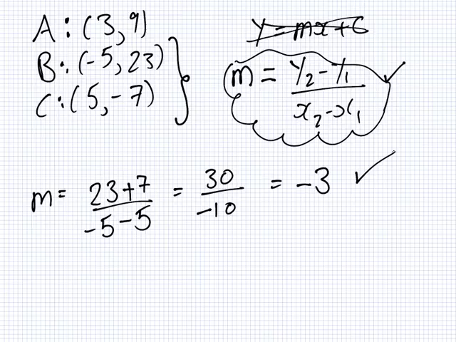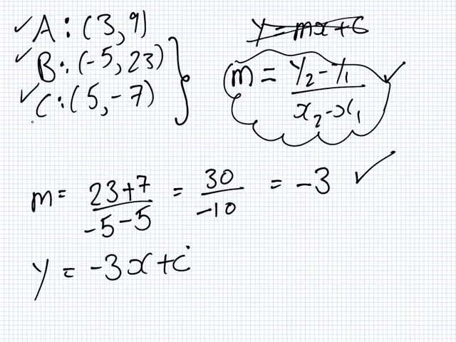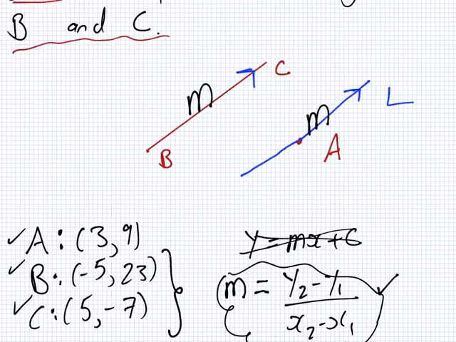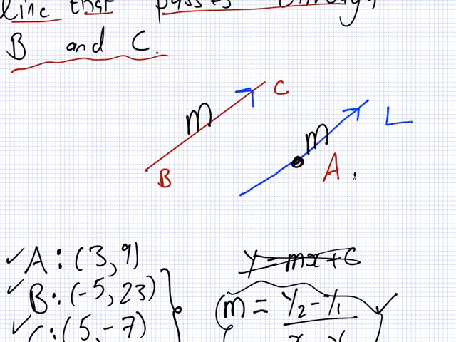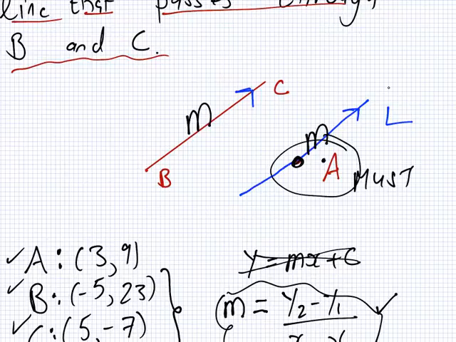Okay. So now we have y equals mx plus c. Now I want the c. Which do I use? Maybe point A. I must use A, because only A is on the line. These two I don't want.